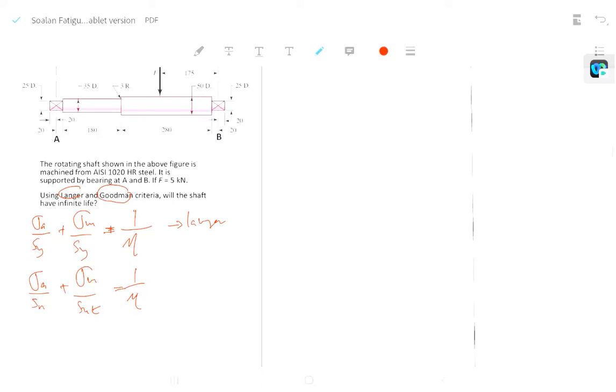We need to define the alternating and mean stress. And first, we have to determine which is the most critical point here.